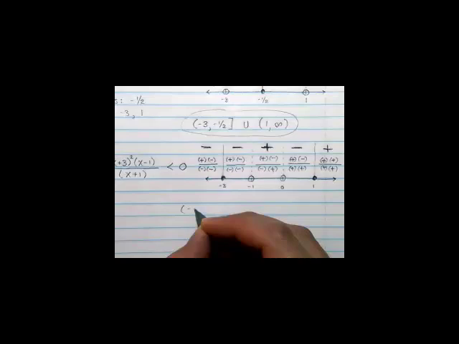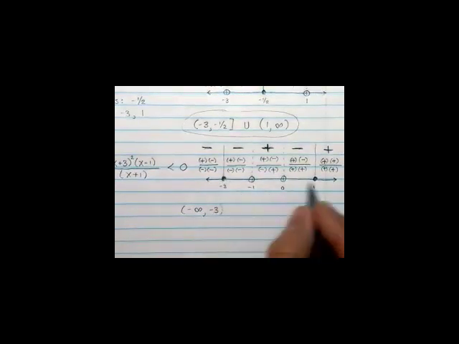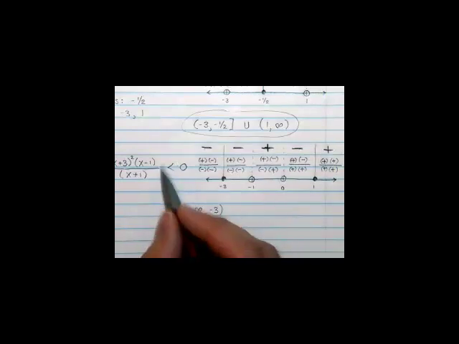So where is it less than 0? Nope, it's not -3 to -1 to start with. Right. Even though these are solid circles, and yes, those are zeros, look at the inequality symbol I'm working with this time.